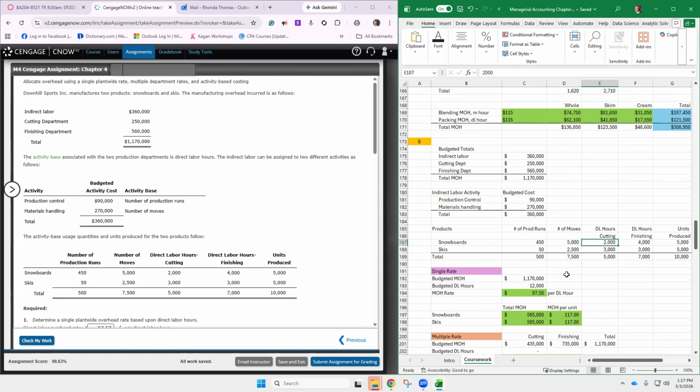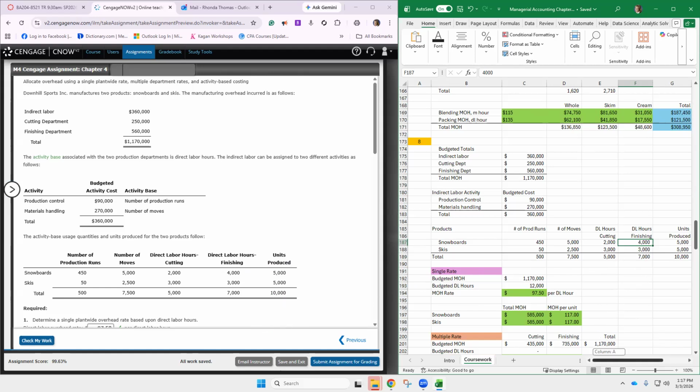The direct labor hours in cutting, 2,000 and 3,000. The direct labor hours in finishing, 4,000 and 3,000. And interestingly enough, they're producing the same amount of the snowboards as the skis.